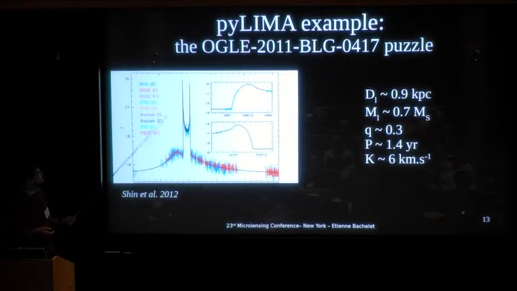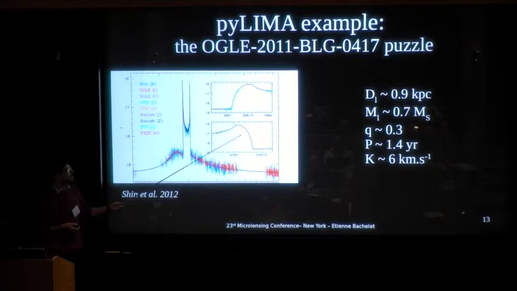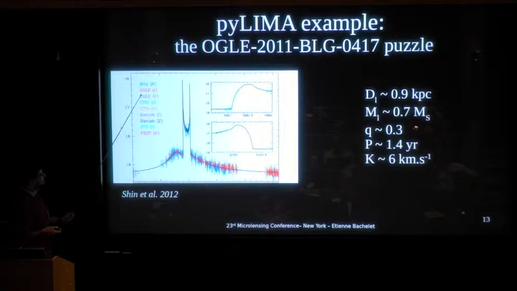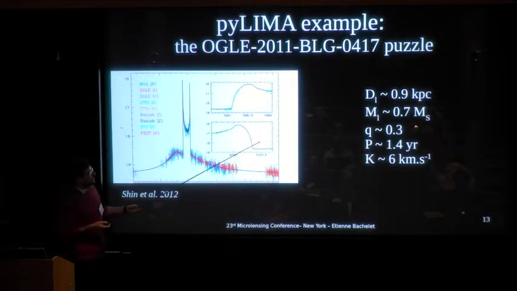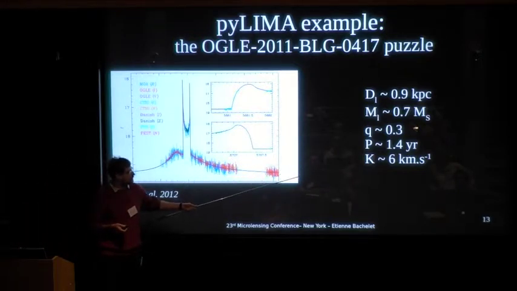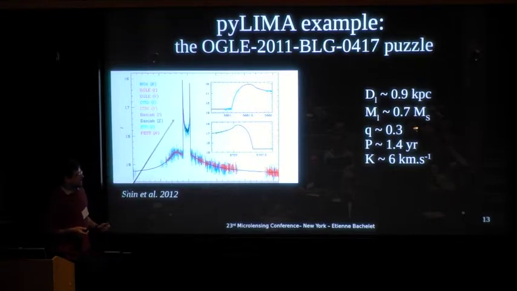To give an example, this year we worked on this OGLE 2011-417 puzzle, which was originally published by Shvartzvald in 2012. This beautiful binary deviation was originally published as a close-by binary. Thanks to the model prediction, we found that the period was about 1.4 years with a strong radial velocity signal.